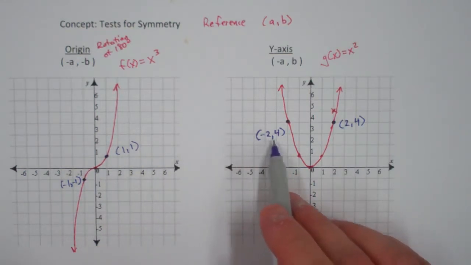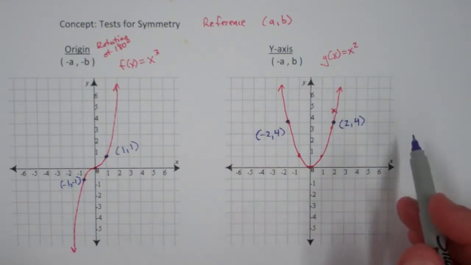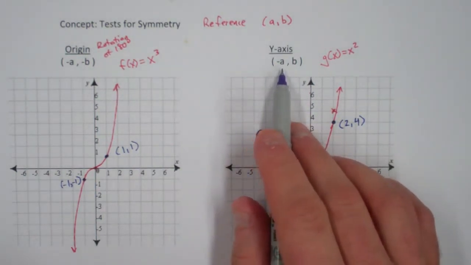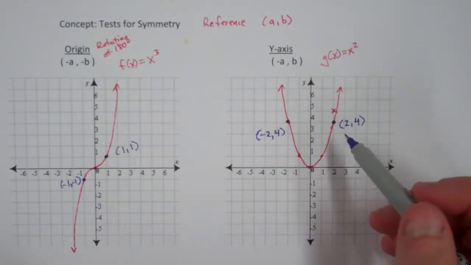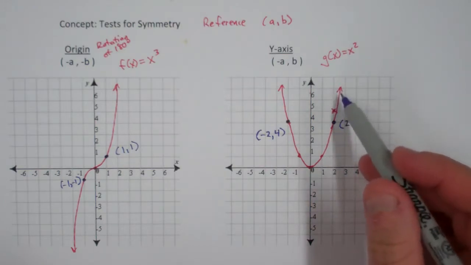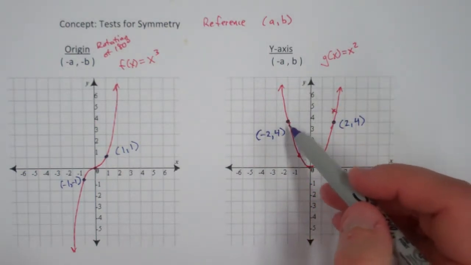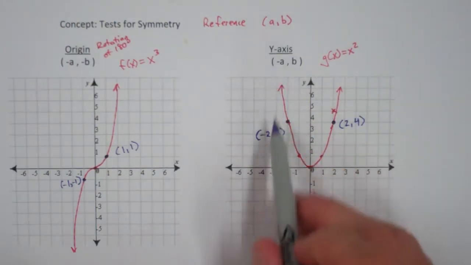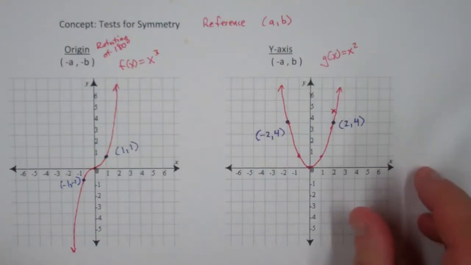But this time the y value stays the same, it's just the x one that's opposite. That's why you see negative a comma b here. We want to generalize that to state that if any point a, b is on the graph, then also the opposite of a, comma b is going to be on the graph, or the opposite of the x value with the same y value.